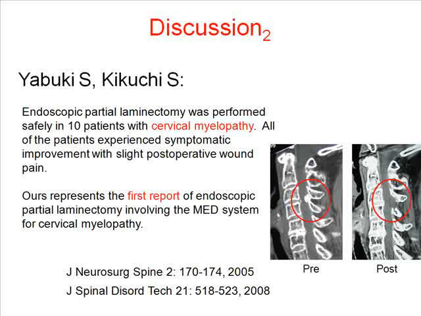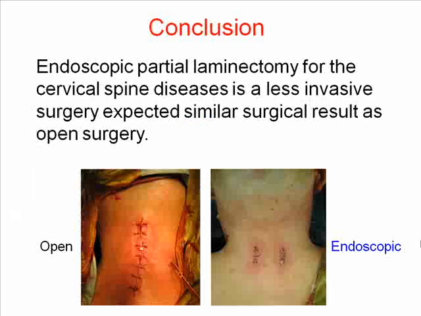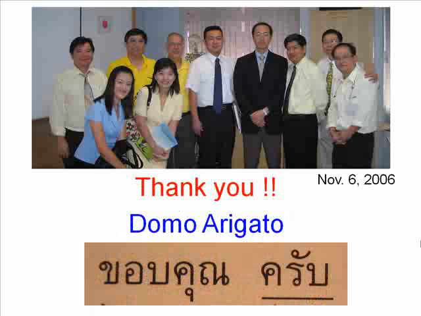From the current study, it was clarified that endoscopic partial laminectomy was superior to the open method regarding postoperative wound pain, axial symptoms, and surgical stress. Conclusion. Endoscopic partial laminectomy for cervical spine diseases is a less invasive surgery, with expected surgical results similar to open surgery. Thank you for your attention.